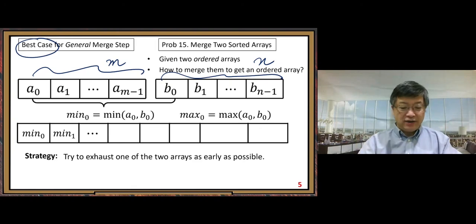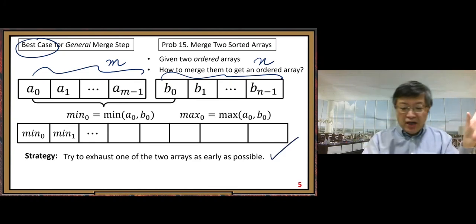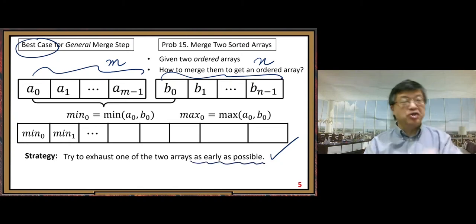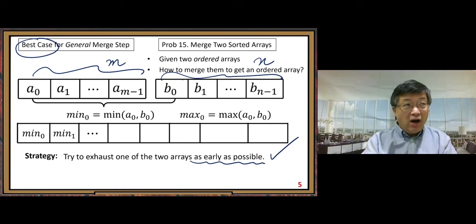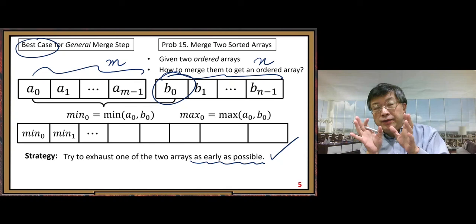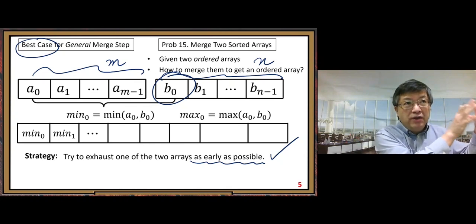So that's the strategy: try to exhaust one of the two subarrays as early as possible. What do I mean by as early as possible? How about the first element in one of the subarrays beating all the elements in the other subarray?